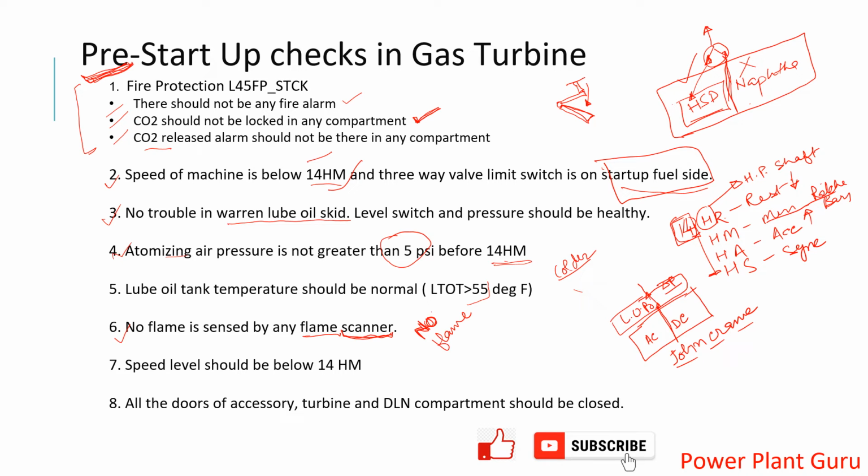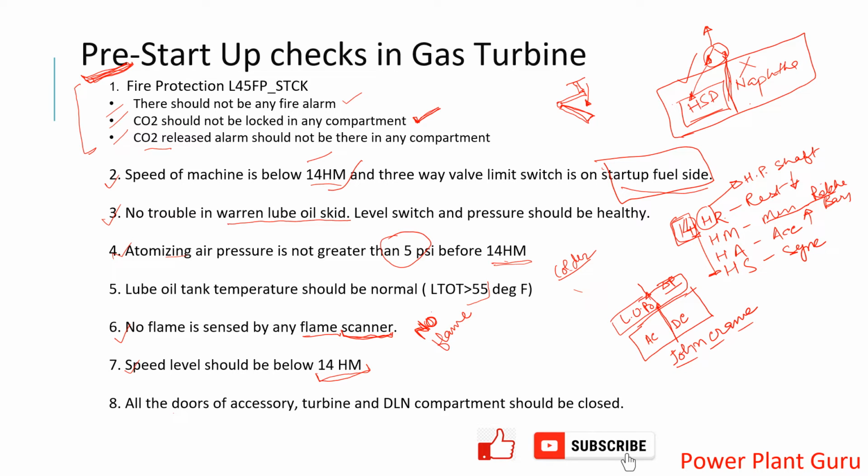And this 14 HM I already explained, that the speed level pickup should be 14 HM, which is more than 14 HR and less than 14 HA. Here, all the doors of the accessory compartment, turbine compartment, and if you have your DLN system also, should be closed. Why should this be closed?